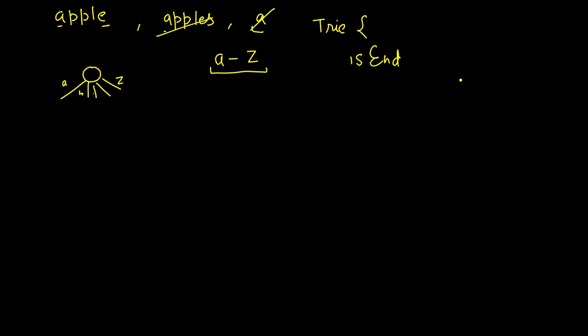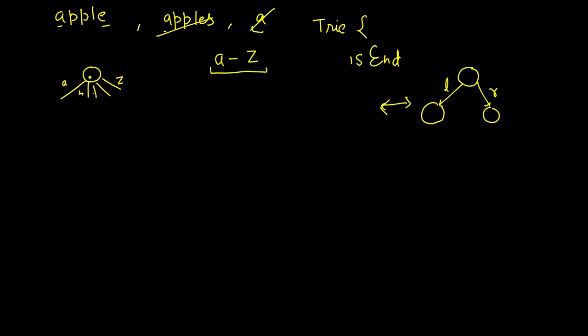You must know the tree data structure, a binary tree. We know that it has a left child and a right child, and these are themselves pointers to nodes. With the same analogy, instead of having just left and right, it will have 26 children. Children number 1, 2, 3, 4 till 26.